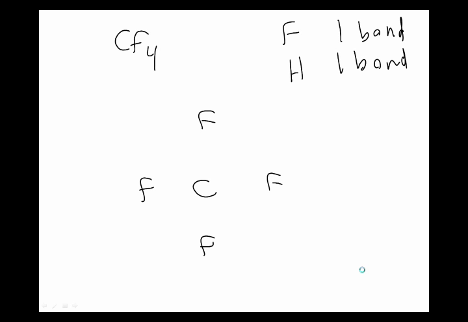Carbon, of course, is going to bring 4 electrons. And each fluorine is going to bring its 7 valence electrons, but that's times 4. So that's 28 plus 4, which is 32 valence electrons. We're going to have 32 valence electrons to work with.